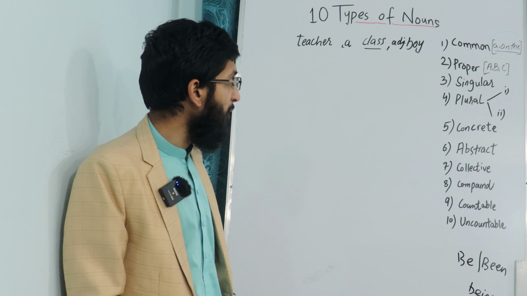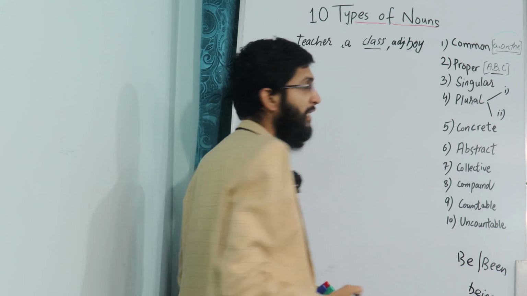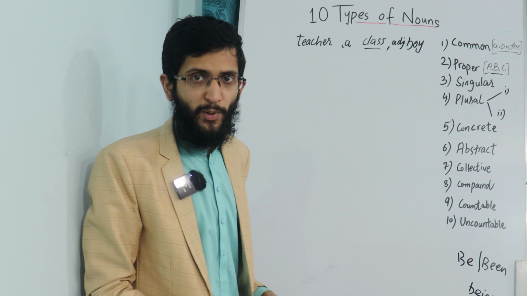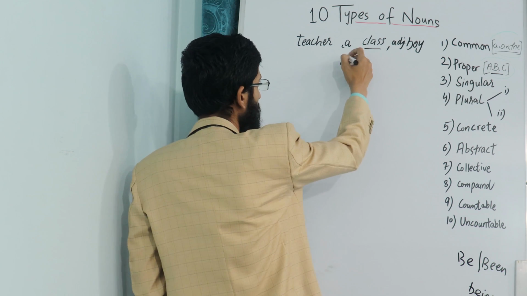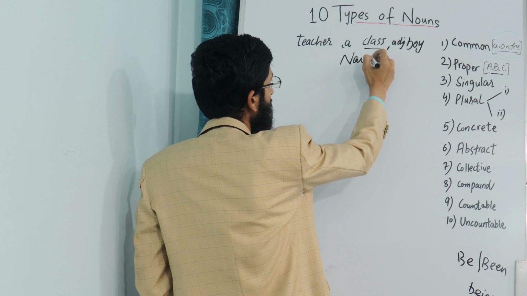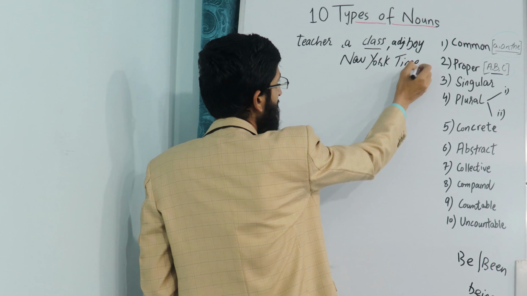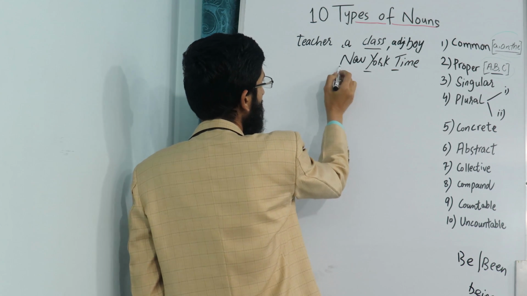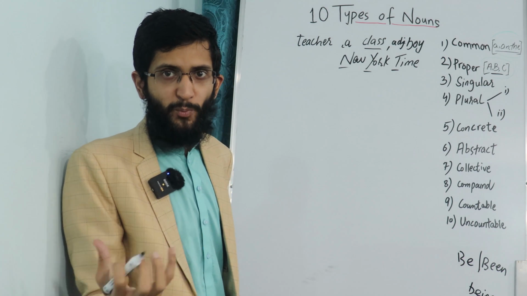One important thing about proper nouns: they have capital letters. When you read the newspaper, you will see New York Times. You will see N capital, Y capital, and T capital. So it is easy to recognize a proper noun.